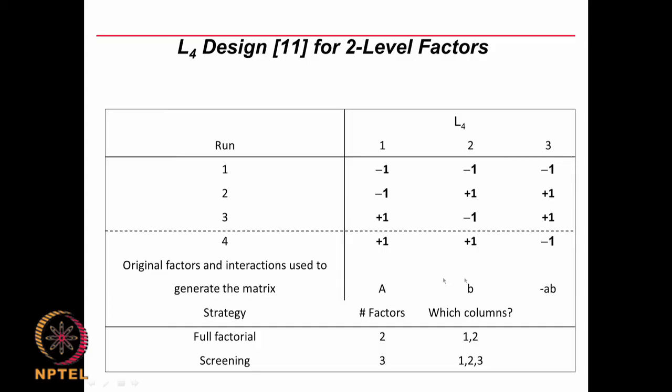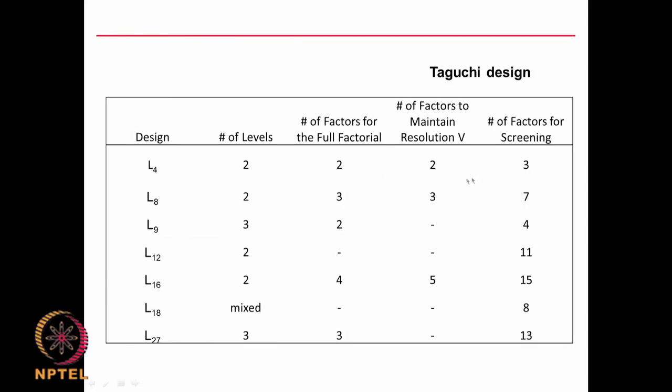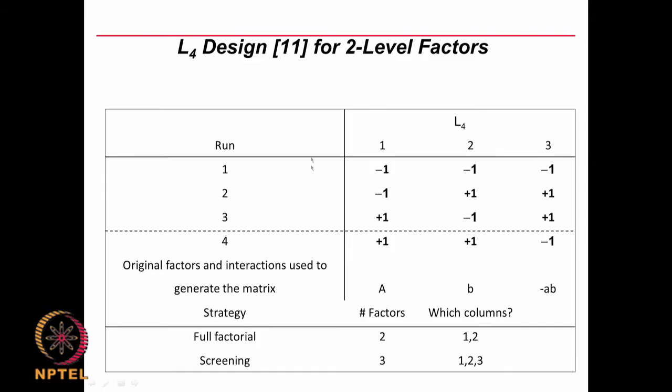For example, this is the L4 table, 4 runs, for factor A, factor B, factor C. If I put A, B, C, then obviously it becomes a screening design, whereas if I put only A, B, I can do a very good high resolution full factorial design. This is the table called the L4 table.